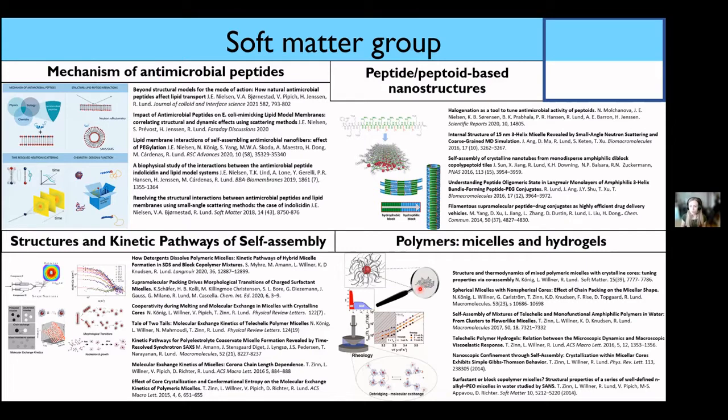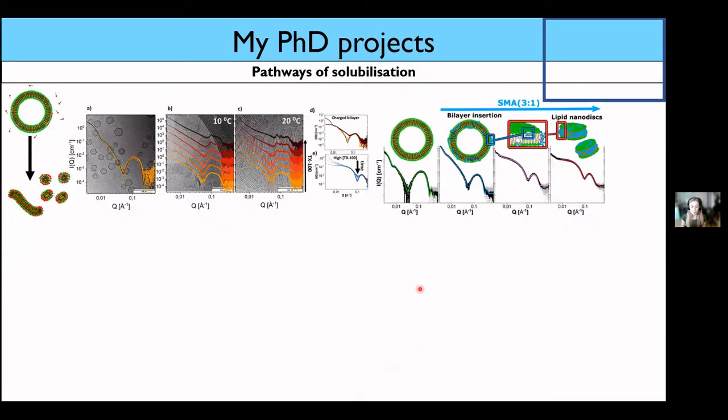Now, my projects have mostly focused on surfactant or detergent interaction and kinetics. One of my main, rather large projects is studying the pathways of solubilization and interaction of detergents with lipid membranes.